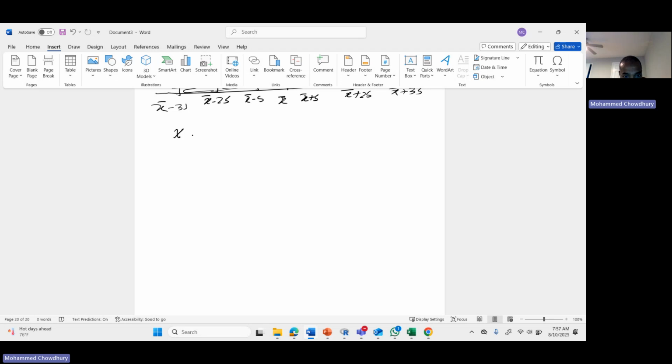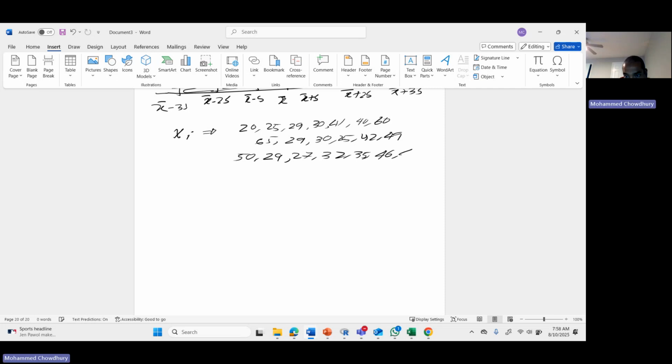X format means suppose Xi is the data which takes values like 20, 25, 29, 30, 41, 40, 60, 65, 29, 30, 25, 42, 49, 50, 29, 27, 32, 35, 46, 49.